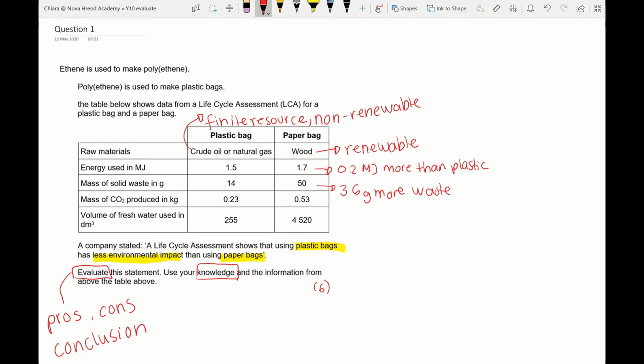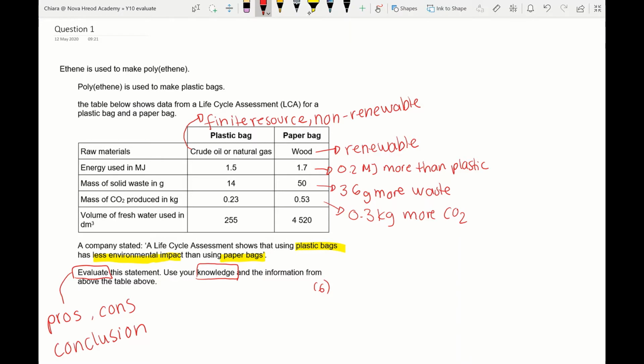Okay, let's have a look at the mass of CO2 or carbon dioxide produced in kilograms. With a plastic bag, we've got 0.23 kilograms of CO2, and a paper bag produces 0.53 kilograms per bag. So again, actually, we've got 0.3 kilograms more CO2 produced compared to the plastic bag.